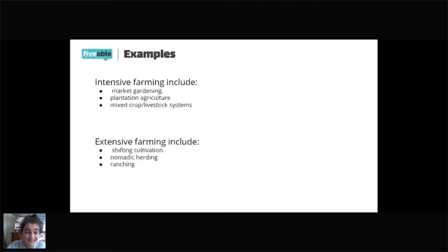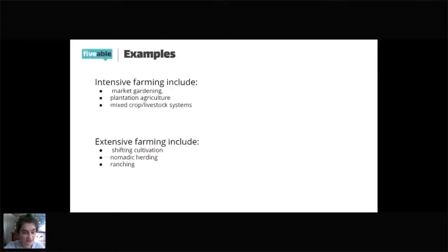That would be intensive because obviously animals will not produce enough, it will not be as fast or as efficient as machines working, right?